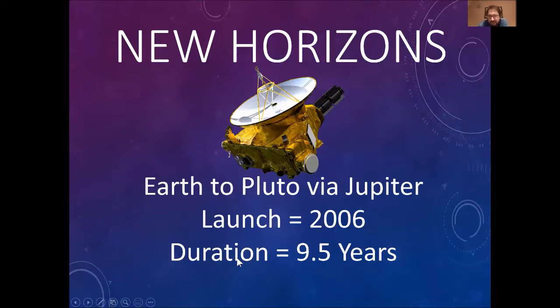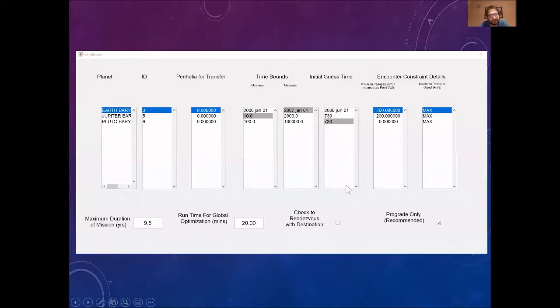So in other words, you could have infinitely long durations and lower delta Vs. So OITS tries to minimize the delta V. If you don't set a limit to the duration, then it could last for thousands of years, millennia, forever before we get to Pluto. So you must constrain the mission duration to 9.5 years, which is the value that NASA selected for this New Horizons mission. So let's try and reproduce this using OITS, as we did with the Mars InSight lander.